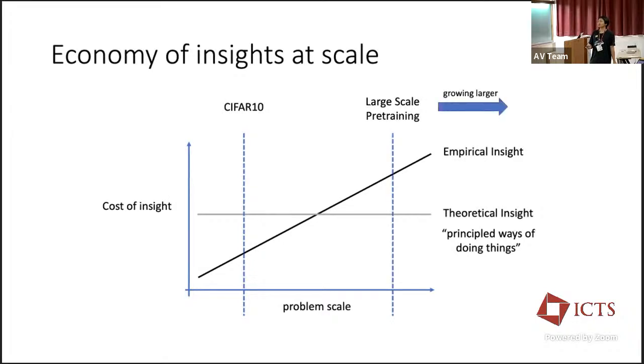But for things like large scale pre-training like GPT, theory is super critical, because if you get the right insight, it's humongously more cost effective than empirical insight. Empirical insight is still important, but theoretical insight can be much more cost effective. And then the space program costs even more.